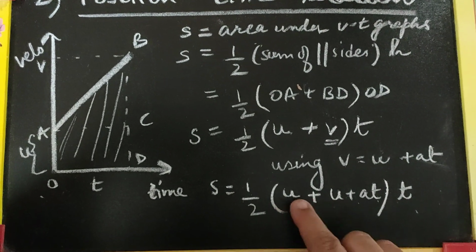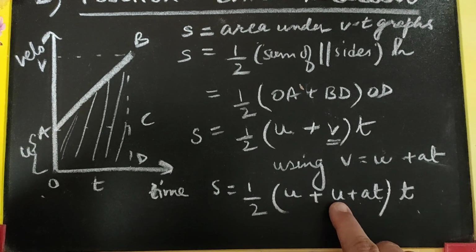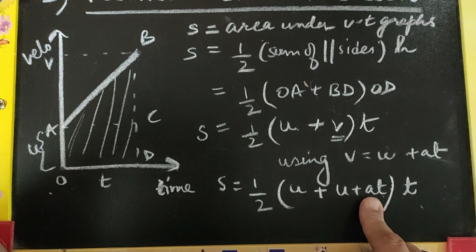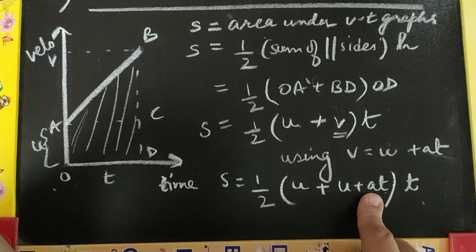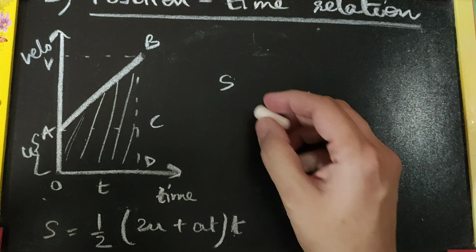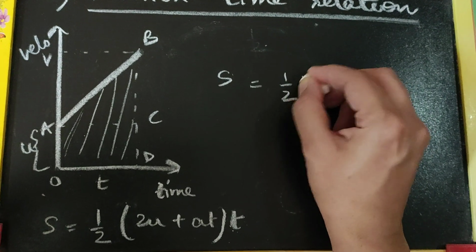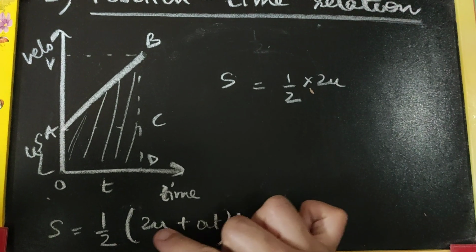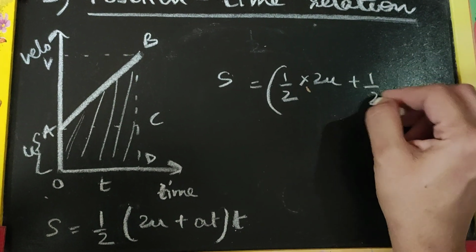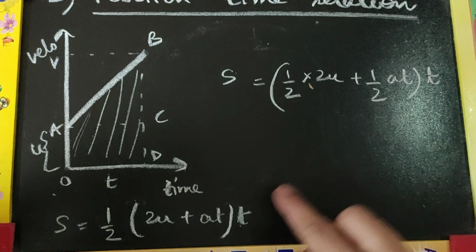Now we have some similar terms here, we will combine them. U plus U here will become 2U plus AT. So rewriting this equation, S is half into 2U, I have taken the half inside the bracket, plus half AT times T, which is already outside the bracket.